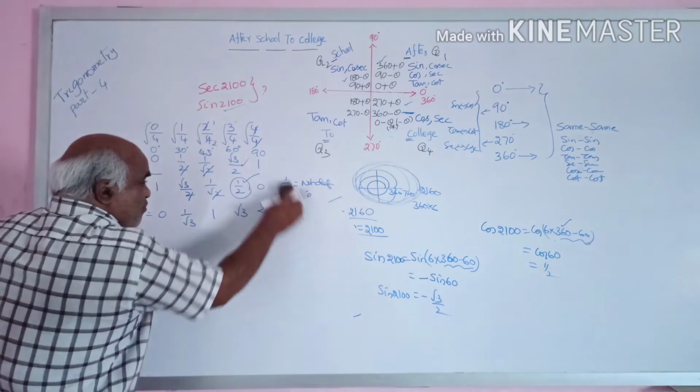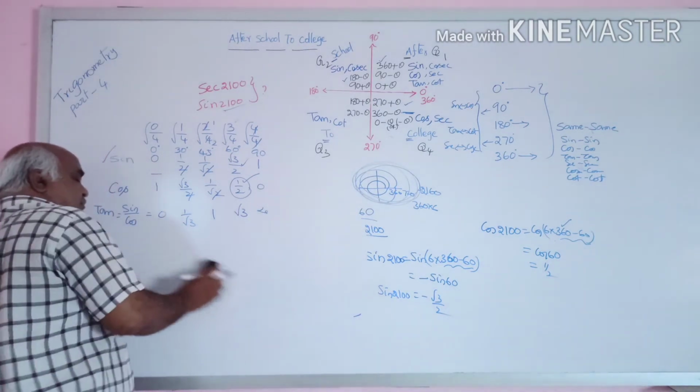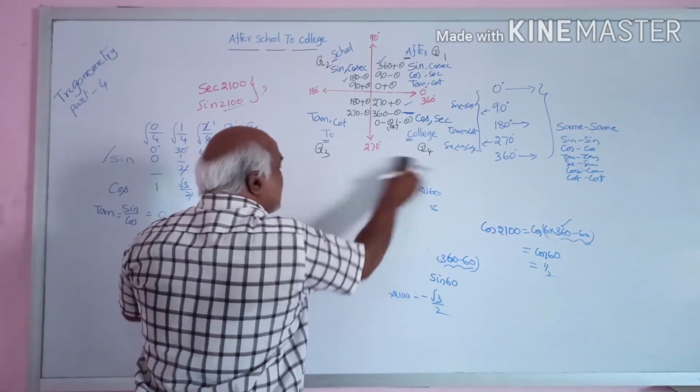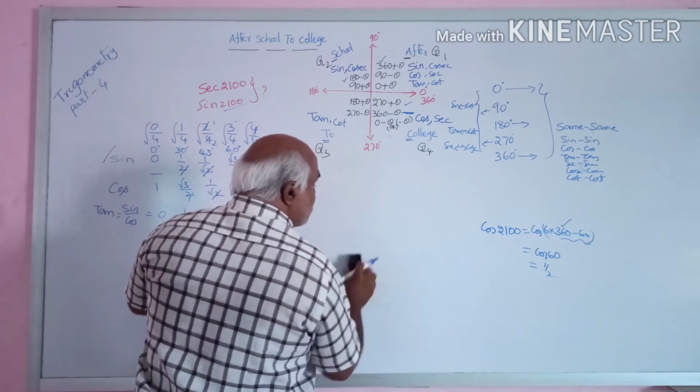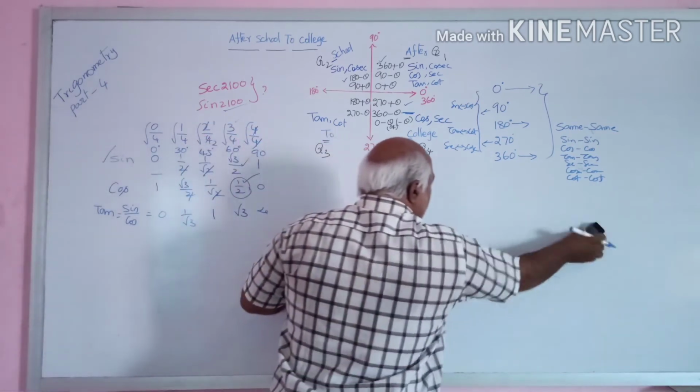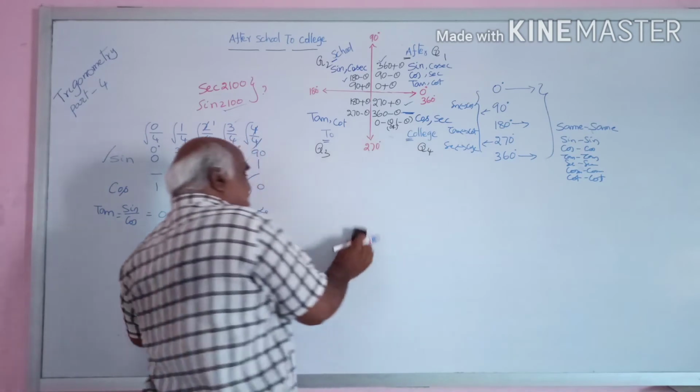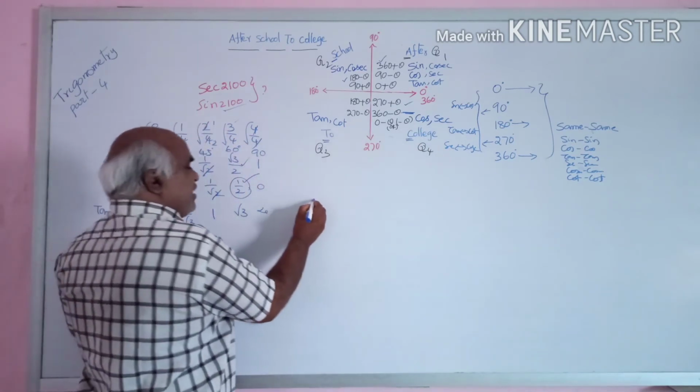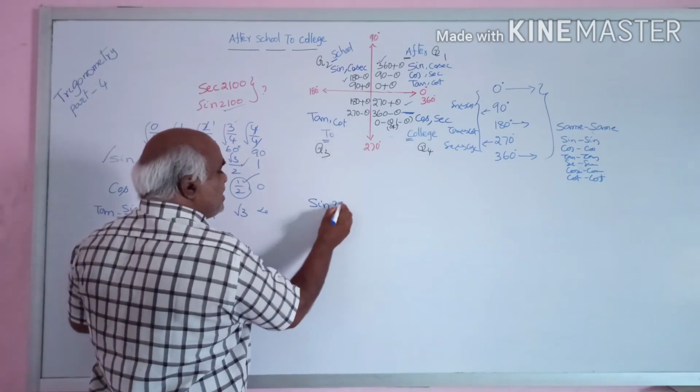Similarly, most probably we can forget the sin 360 value, sin 270 value, cos 360 value like this. What is the sin 360 value?